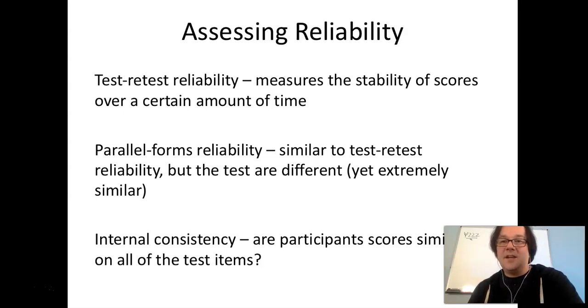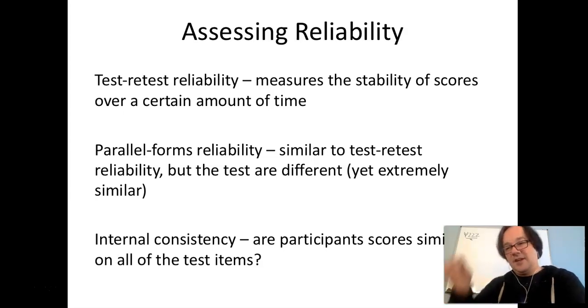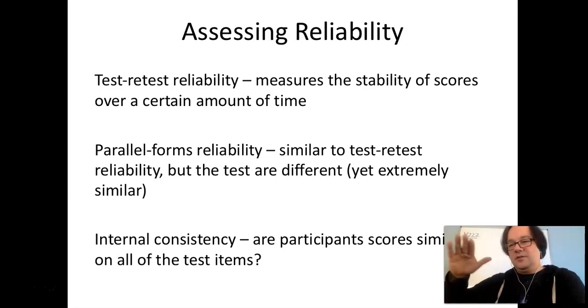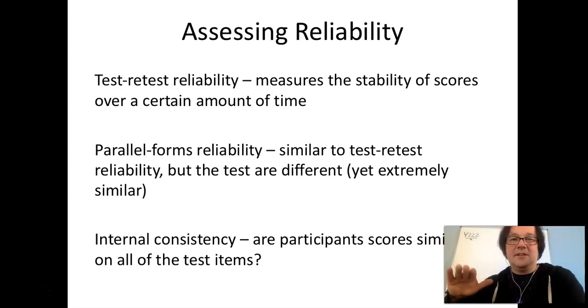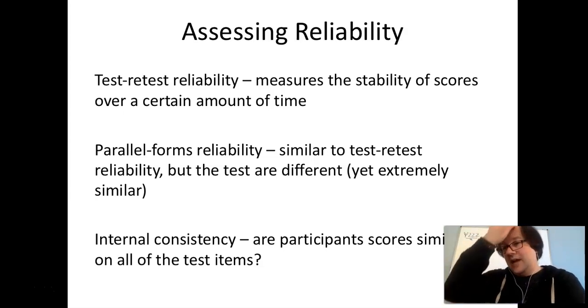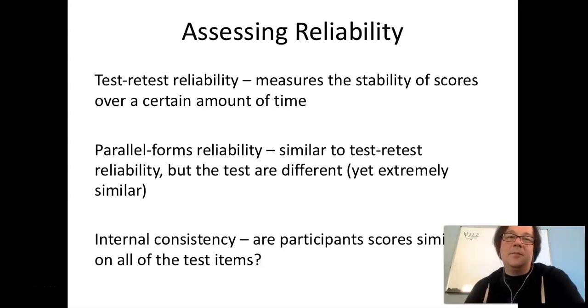Now, if you don't wait long enough, let's say I give you an inventory, a scale on, say, racism, and you complete this 10 or 12 item scale, and then the next day or the next class, 2 days later, I give you the same scale, and then I say, hey, look, there's like a 90% correlation between these scores.